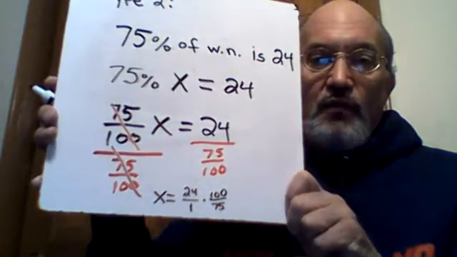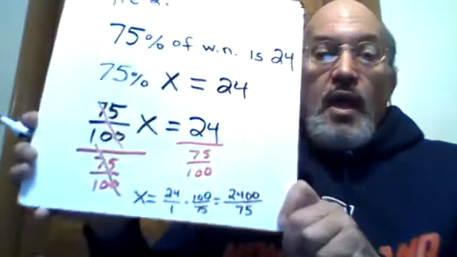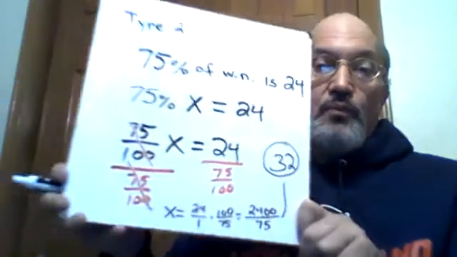So this becomes 24 over 1 times 100 over 75. To divide by 75 hundredths, multiply by 100 over 75. Multiplying across the top and bottom, we get 2400 over 75. And I'll let you finish that. If you do 2400 divided by 75, you're going to get 32. We knew that x was 32.